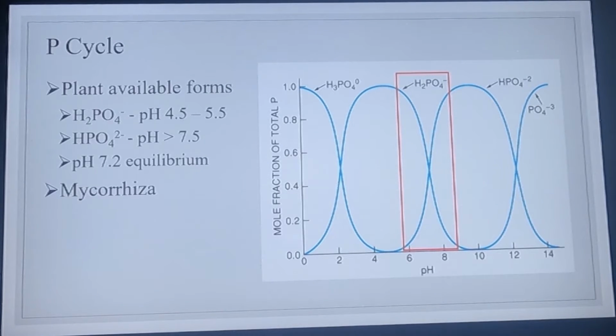And then this sweet spot, the equilibrium where we have 50% H2PO4 and 50% HPO4 2 negative is right here at about 7.2.